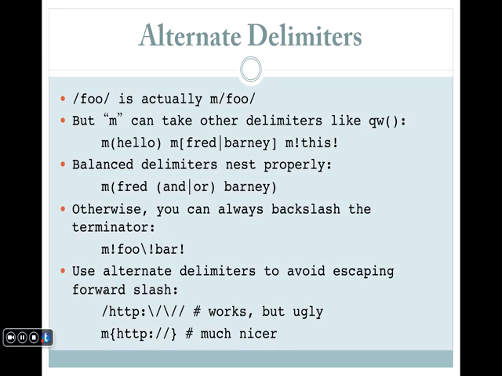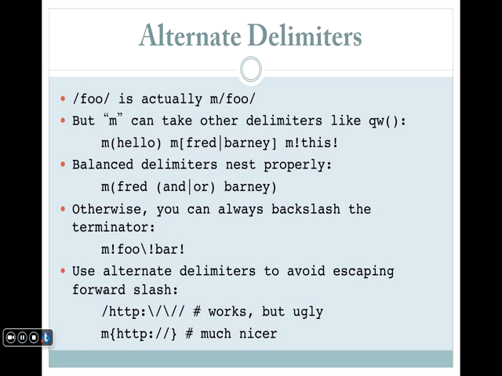Now the last one shows the importance of being able to use the m with alternative delimiters instead of the slash. Even though the slash is easier, since you are consuming one less character, which is the m. So here, for example, if I want to match http://, it's an ugly way of looking at it: I use the exact delimiter slash, then backslash, then slash, and backslash, and then slash.